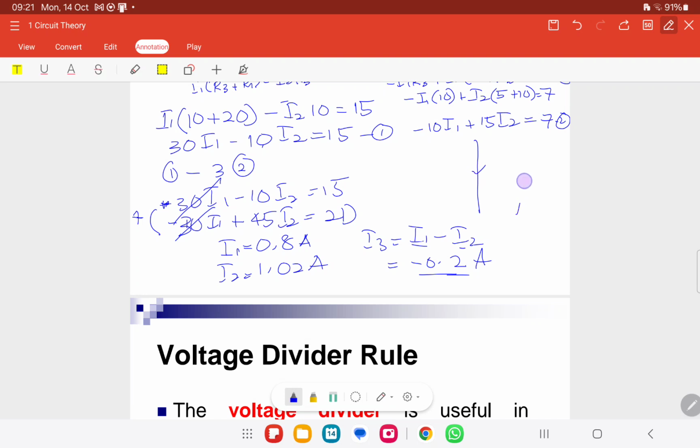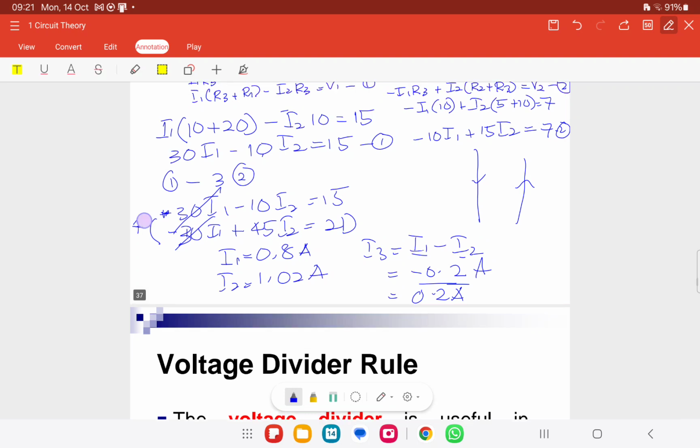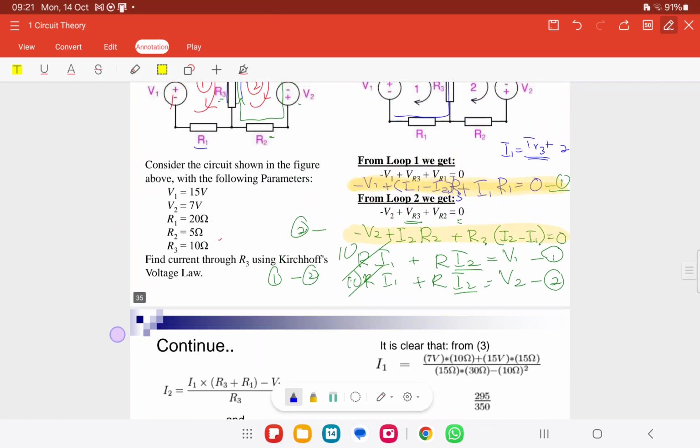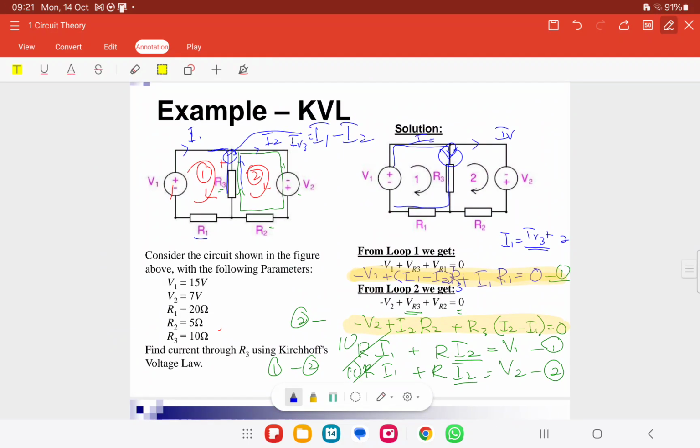Tetapi dapat negatif, so it is actually naik. Tu je polarity dia. Okay? Boleh? So kalau ada yang tulis 0.2 pun betul juga. Alright? Boleh? This is very important. Kenapa lama sangat saya explain on this one? This is very important.